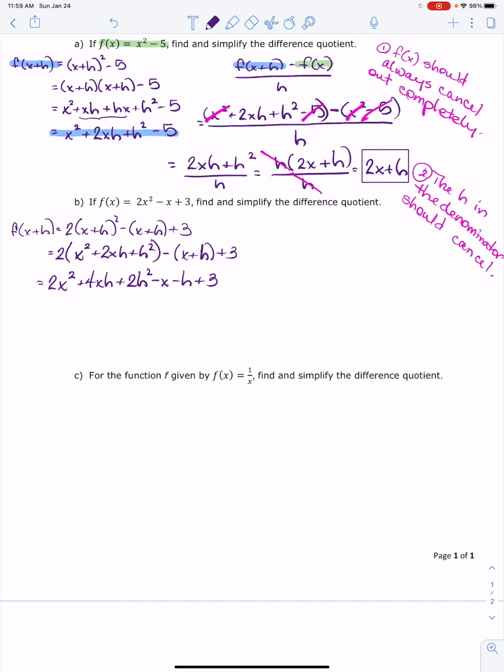Again, over here, I have got f of x plus h minus f of x all over h. And I am going to plug in, let's see, can I be smarter?